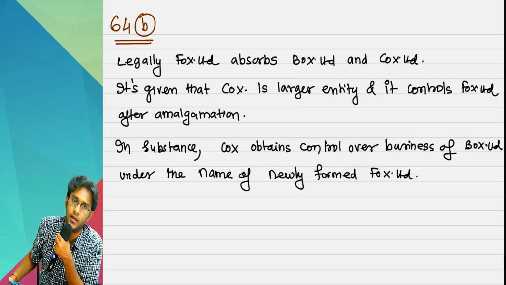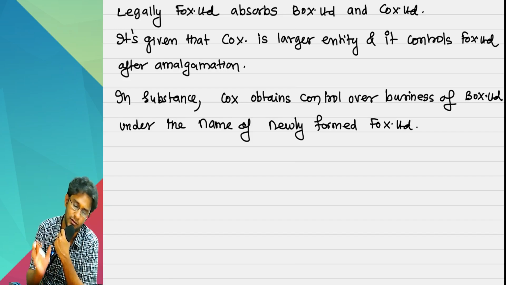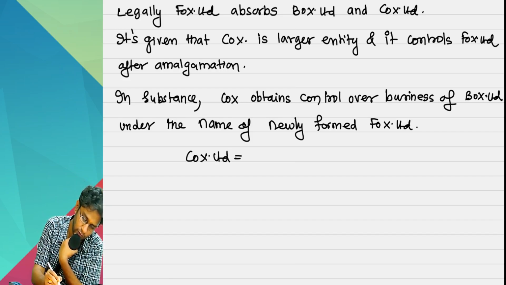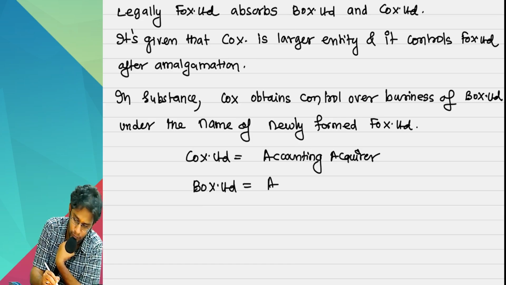Fox Limited is a legal entity, that's all. Acquirer and acquiree are Cox and Box. So who is Cox Limited? This fellow is the accounting acquirer. For accounting purposes, this fellow is the acquirer. Box Limited, on whom control is being exercised, is the accounting acquiree.